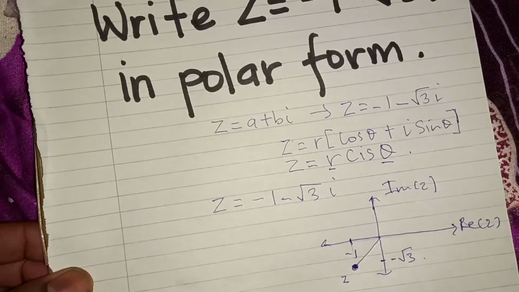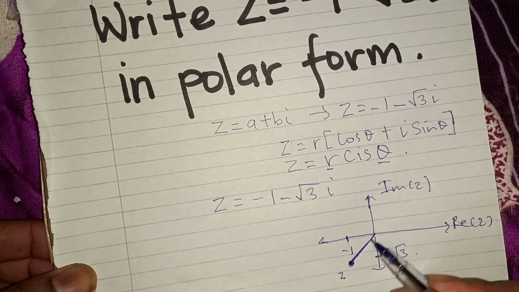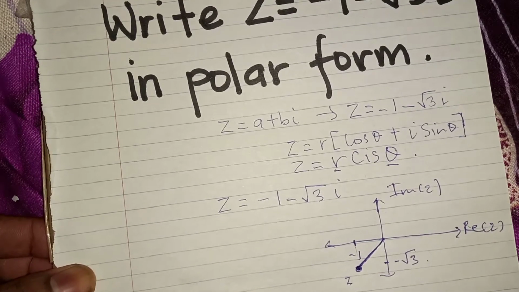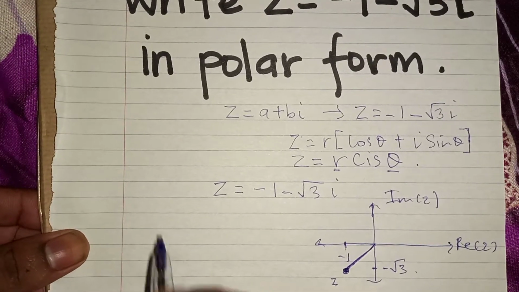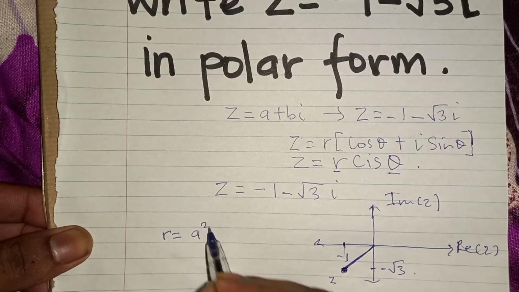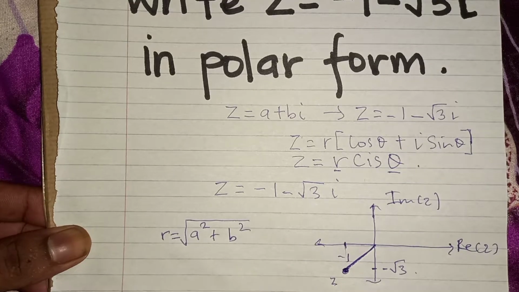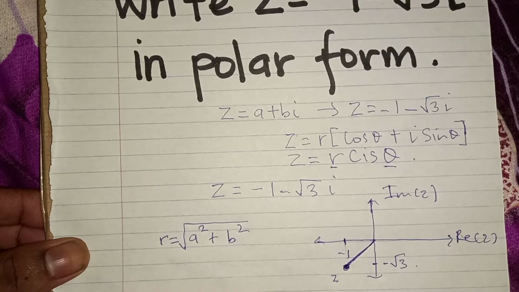Now let's first find the value of r. This is what we call the value of r, the length. So let's find the value of r. R will be equal to a squared plus b squared, and taking everything under the root.